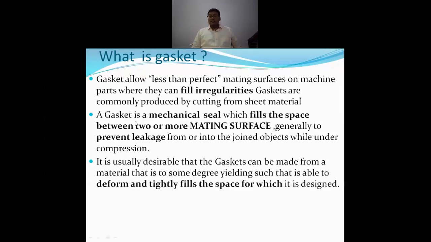So a gasket is a mechanical seal which fills the space between two or more meeting surfaces, generally to prevent leakage from or into the object under compression. It is usually desirable that the gasket be made from a material that is to some degree yielding, such that it is able to deform and tightly fill the space for which it is designed.